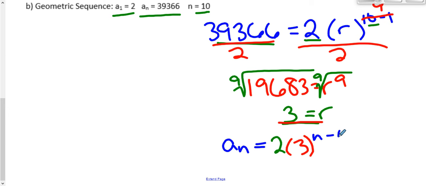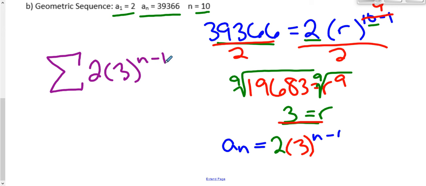So there's my general equation, which means I can put that in my sigma, and all I have to do after that is find my n values. So 2 times 3 to the n minus 1 power, and we'll find our n values. I always start by counting at the first term, n equals 1, and it looks like I stop this time at the number 10. And we're done.